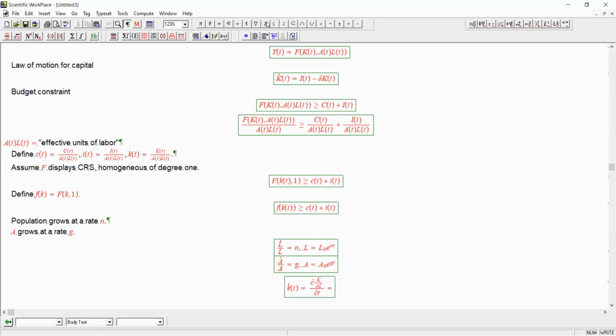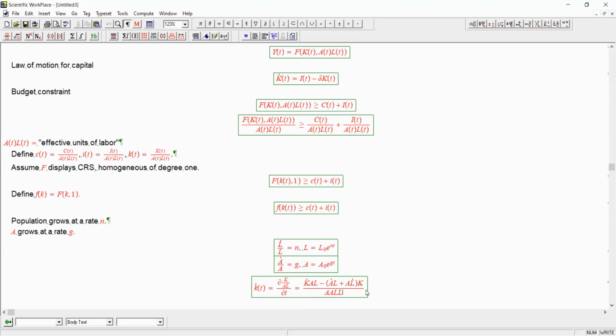First, we get the derivative of the numerator, which is K dot, times what's in the denominator, minus the derivative of the denominator, which is A dot L plus A L dot, times the numerator K, all divided by the denominator squared, AL all squared.